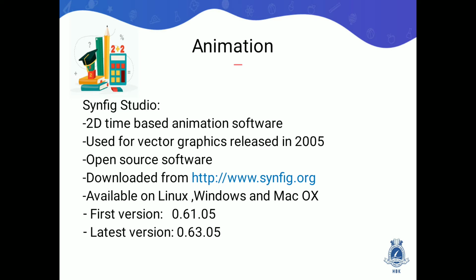Synfig Studio is 2D time-based animation software which is used to develop 2D animation applications. Synfig Studio is used for vector graphics and was released in 2005. It is open source software. We can freely download it from www.synfig.org. Synfig is available for Linux, Windows, and Mac operating systems.